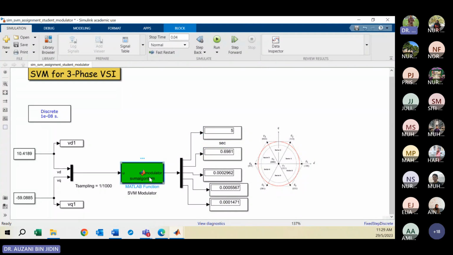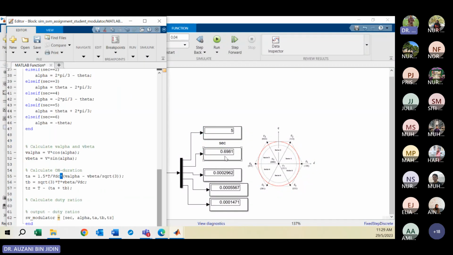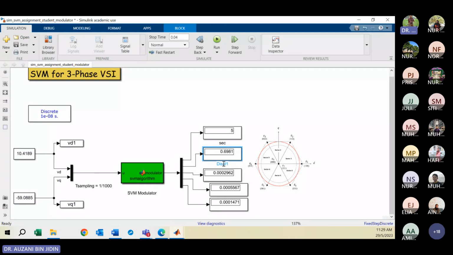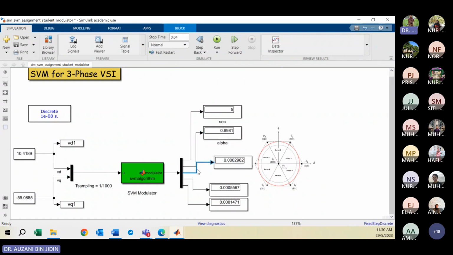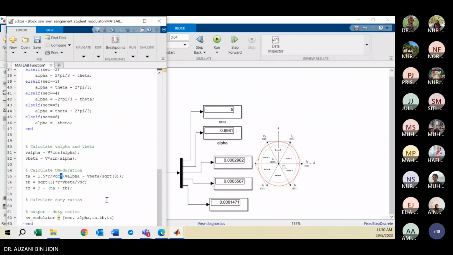For output number 2, alpha. You have set the first output is sector, second is alpha. Third output is what? TA, TB, TZ.